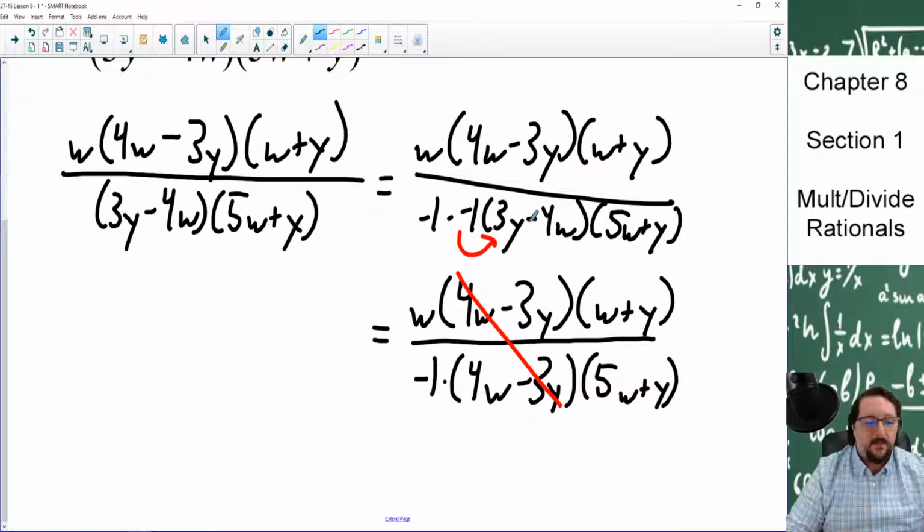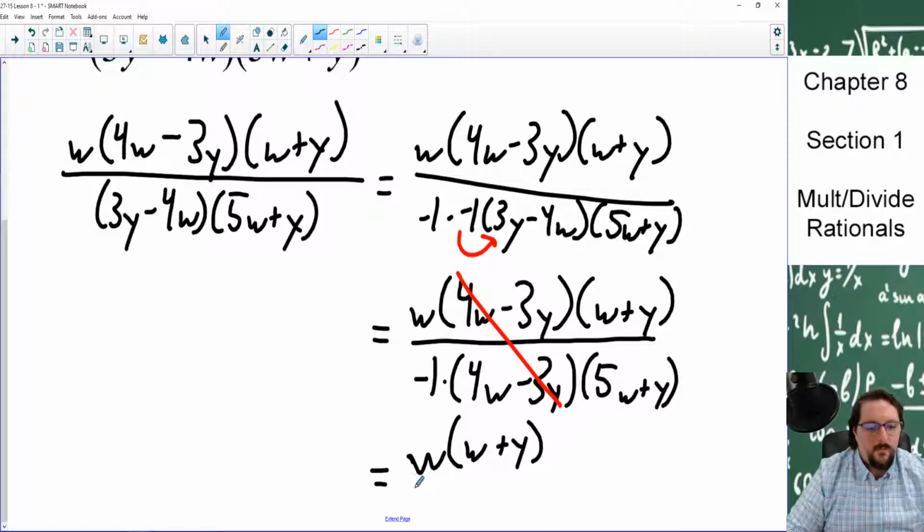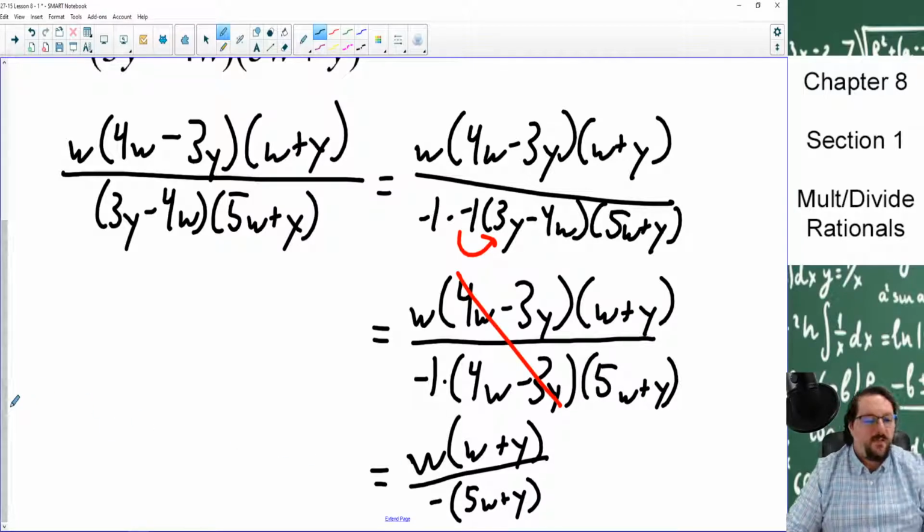I couldn't cancel them. Now I can. I don't see anything else here we can cancel, so our final solution then is w times w plus y over -5w plus y. We can choose to leave one of those negatives on the outside, and that allows us to flip those terms and cancel them.